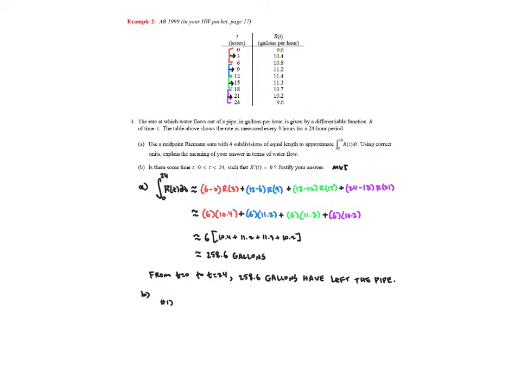I have to be able to say, is r of t continuous on the interval from 0 to 24 and differentiable on the interval from 0 to 24 non-inclusive, or open. And I can say yes it is.